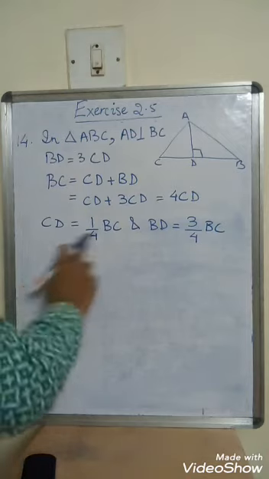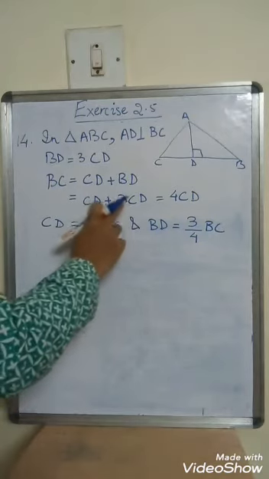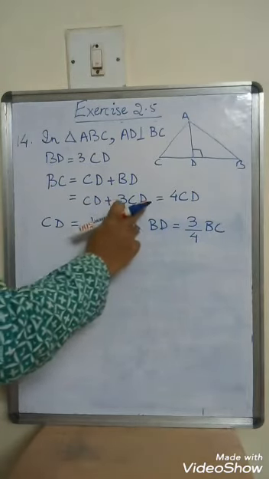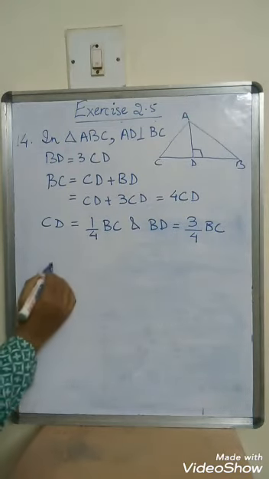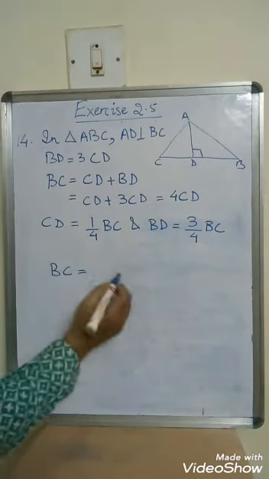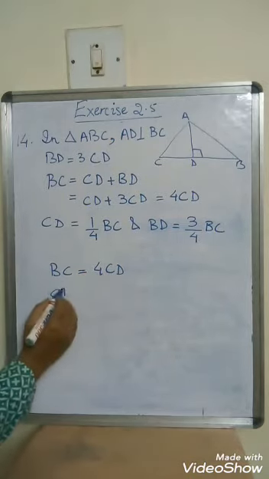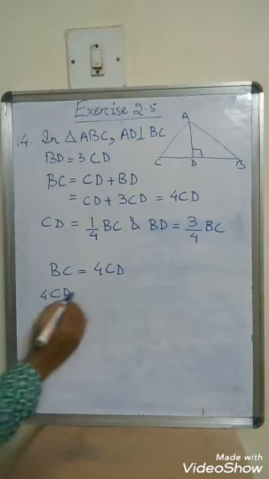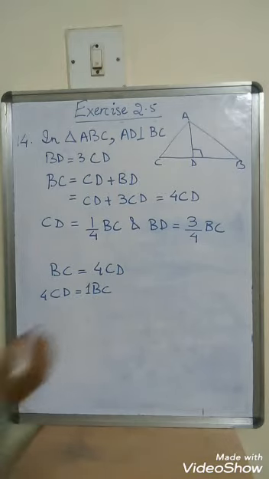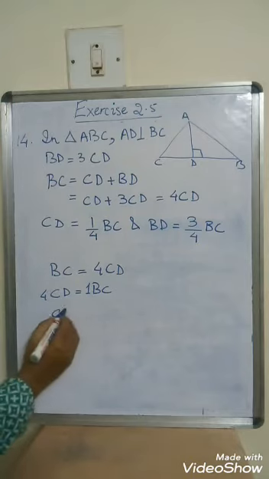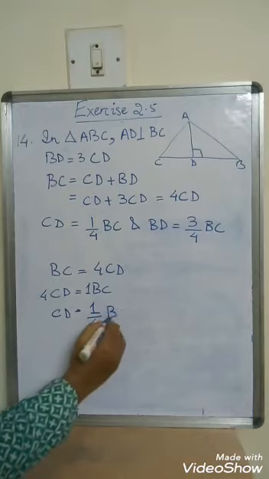Right? Did you understand how we got it? See here, CD plus 3CD is equal to 4CD, right? So now see BC equals 4CD, right? So when we find CD, 4CD is equal to BC, so CD is 1/4 BC, right?